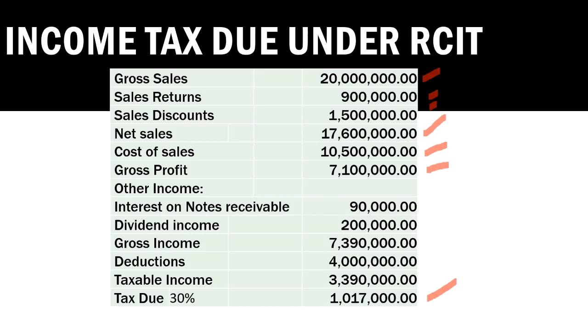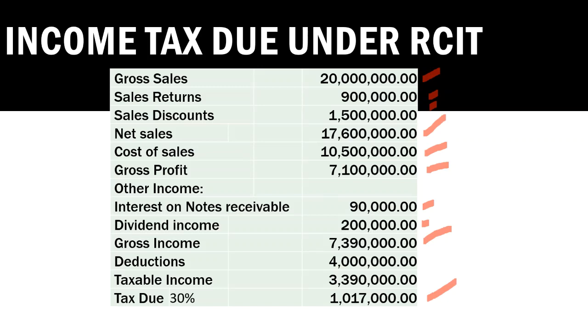And then the interest on notes receivable, since it is also subject to RSIT, and the dividend income from a foreign corporation, we add the amount of 290,000 to the gross profit to get the total gross income of 7,390,000.